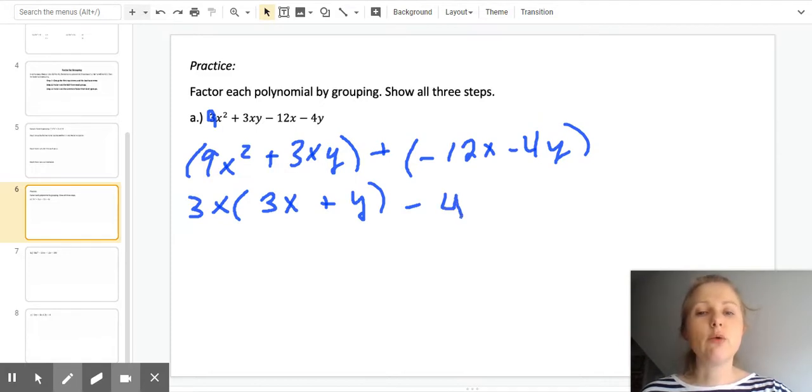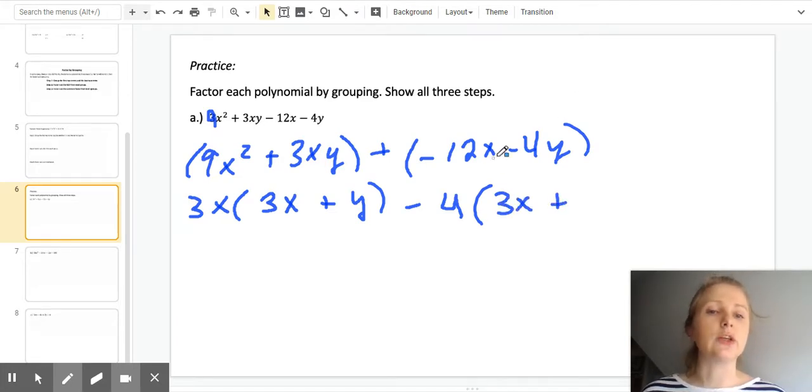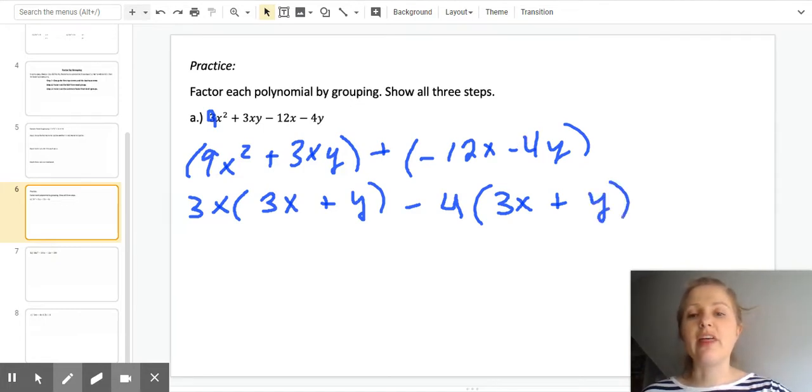So minus 4. Okay, so since we took out that negative, this is going to become positive, and we factored out a 4, so it's going to become positive 3x, plus, because again, we took out this negative, plus y.